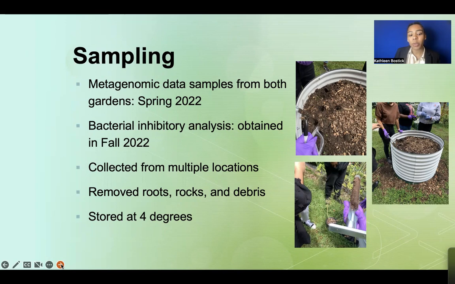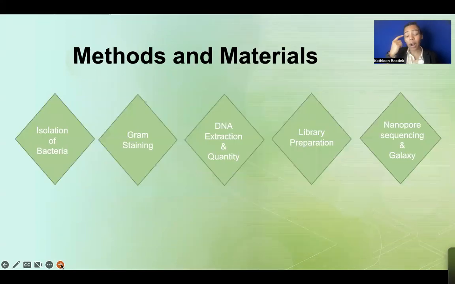Now, once these samples were collected from multiple places, which gives us a variety of species diversity, we removed rocks, roots, and debris to allow only the purest of substance possible. This was then stored at 4 degrees, and what we have here are the methods and materials of how this investigation took place. The first was isolating the bacteria from the soil.